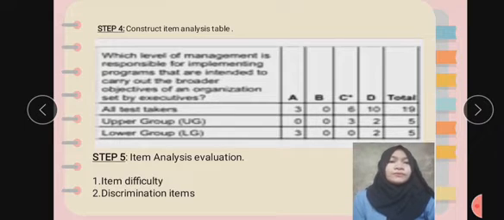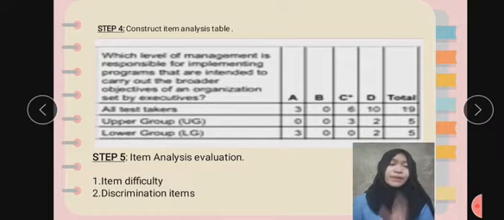So in step 2, we get the upper group or the students who got the highest, then it's only 3, while the lower is 0. Remember, that's the 25% of the takers. And then pag nagawa na yung item analysis table, we will proceed with the item analysis evaluations.